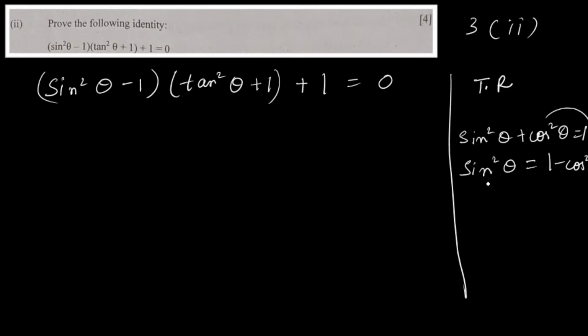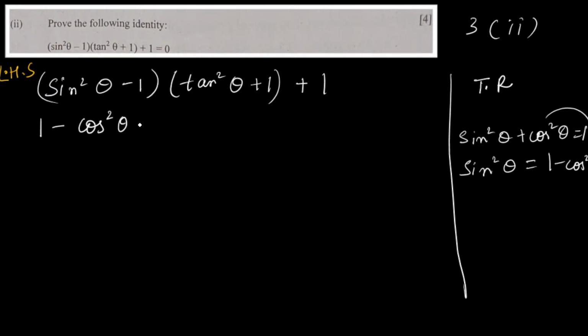So this I am getting from the square relation. Here we can substitute. Left hand side only I am going to solve. This expression's answer should be equal to 0.